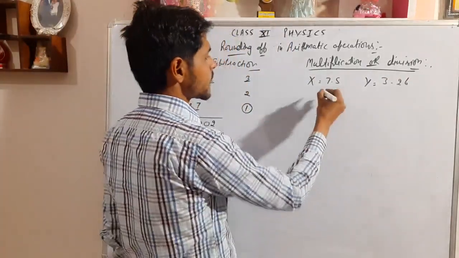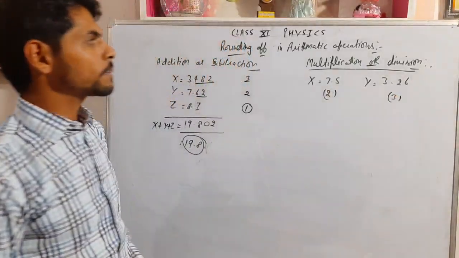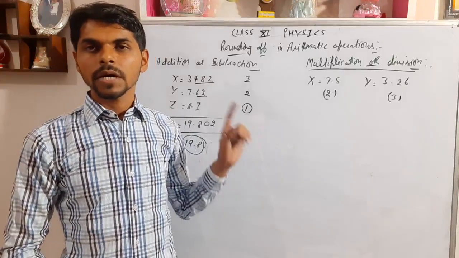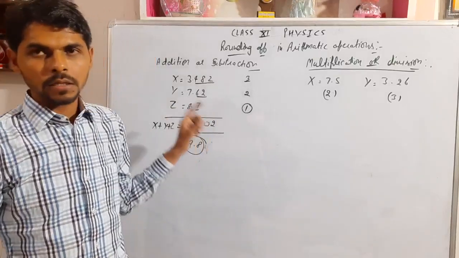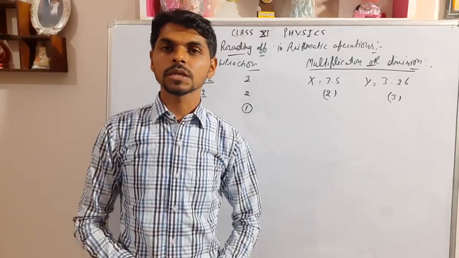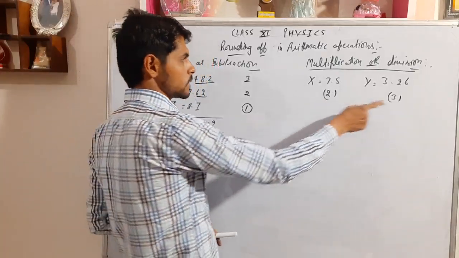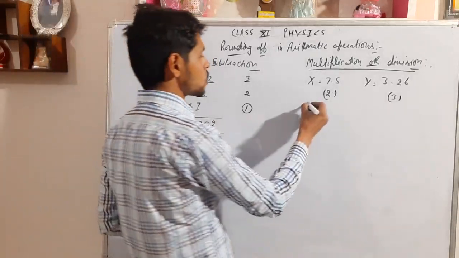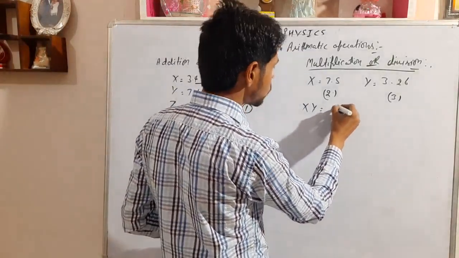Now this has 2 significant figures, this has 3. When you are doing multiplication or division, you have to find the significant figures, and when you are doing addition or subtraction, you have to find the least decimal places. In this case you have to find the least number of significant figures. There are 2, there are 3, so 2 is the least. On multiplication, the answer is 24.45.